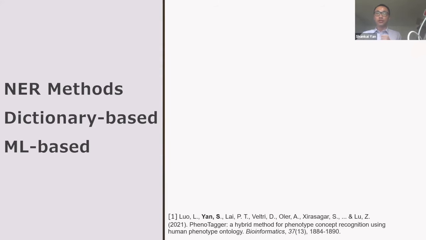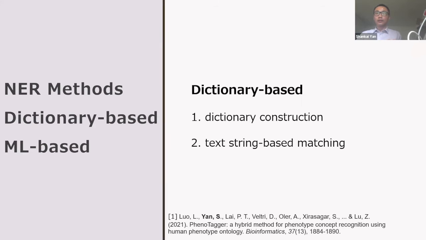Another one is machine-learning-based. The dictionary-based method would firstly construct a dictionary containing the terms and even the index of these terms, and then use a text string-based matching algorithm to search for the terms that are closest to the text you are inputting, and that is the main procedure in dictionary-based methods.